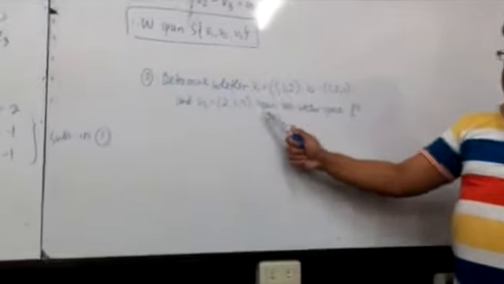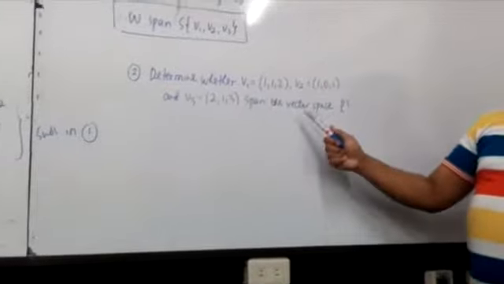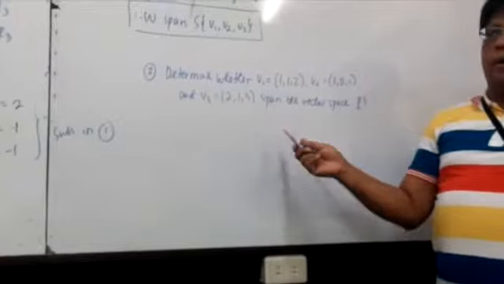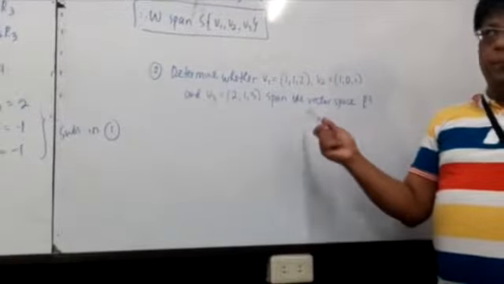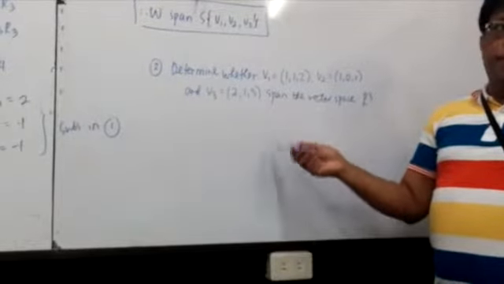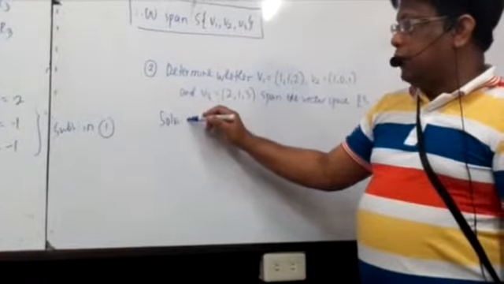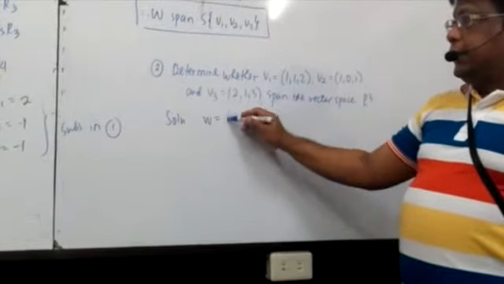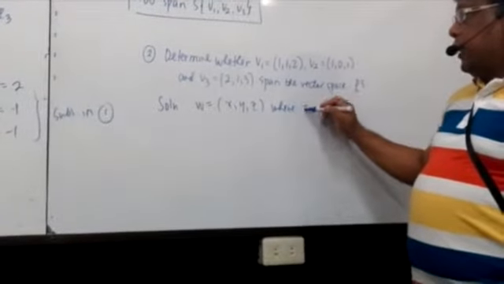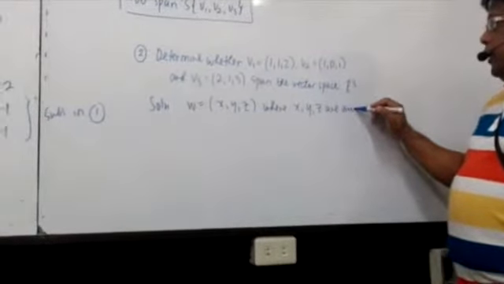We have V1, V2, V3, and without now the vector W. It means that vector W here is an arbitrary vector, and it will have real numbers as its components. Okay? So let us classify now vector W contains X, Y, Z. Of course, where X, Y, Z here are any real numbers.